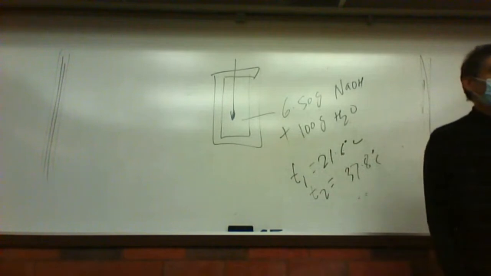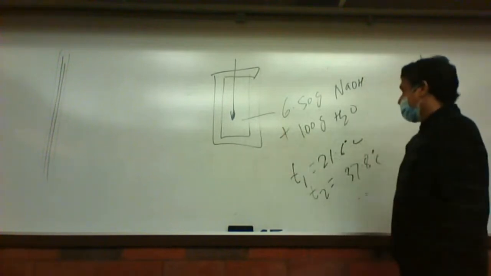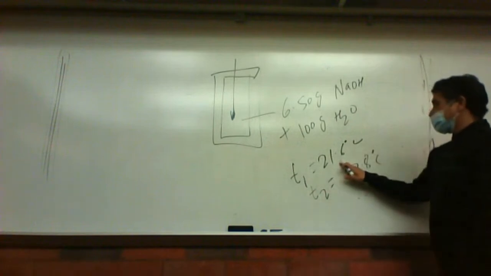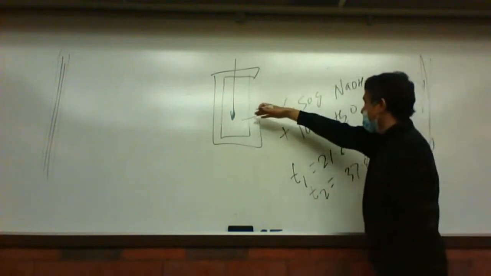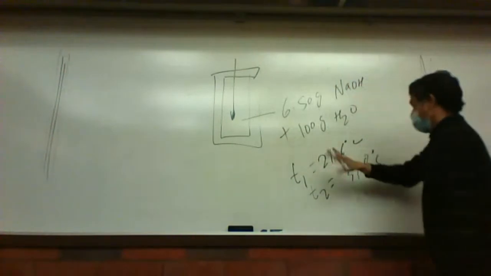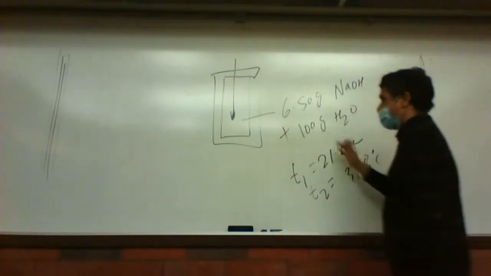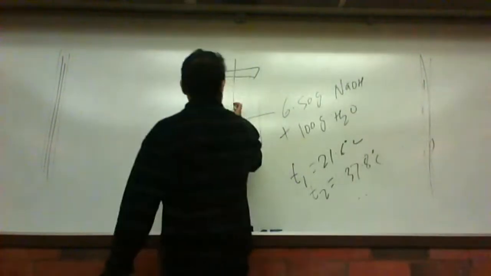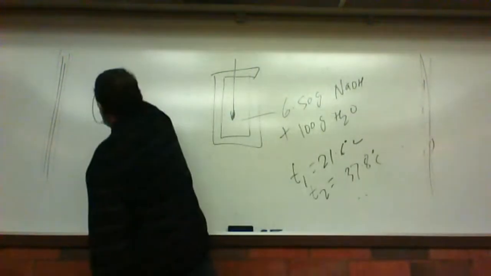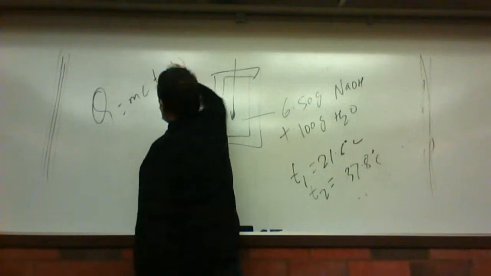Make sense? So he put the 100 gram of water here, and then measured the temperature, 21.6, and then he added 6.50 gram of NaOH and put the top on, stirred for a while, measured the temperature, and got the final temperature, this one. So how much heat is produced by mixing these two things is like this. Q equals mc (T2 minus T1).